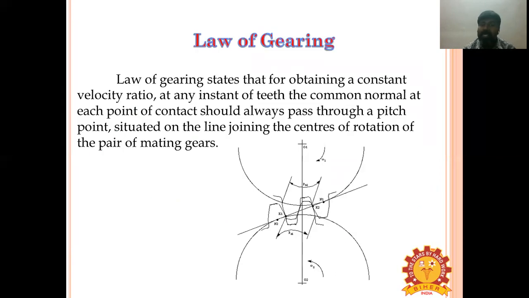The law of gearing states that for obtaining a constant velocity ratio at any instant of teeth, the common normal at each point of contact should always pass through a pitch point, situated on a line joining the centers of rotation of the pair of mating gears. This is what I have mentioned in the diagram.